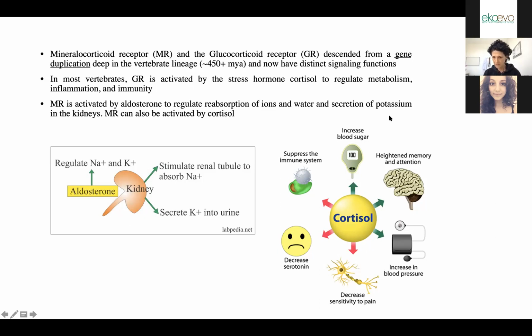Cortisol affects many different tissues, increasing blood sugar and decreasing serotonin, so it can cause depression. What we are focusing on here is aldosterone. Aldosterone increases ion uptake from the kidney nephron, so it also increases water absorption from the kidney.